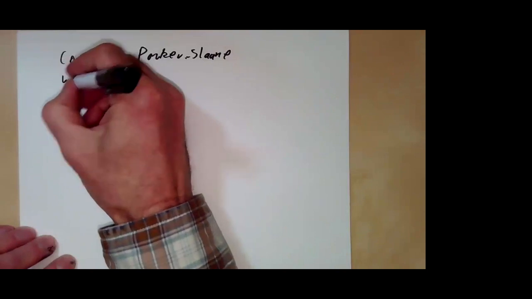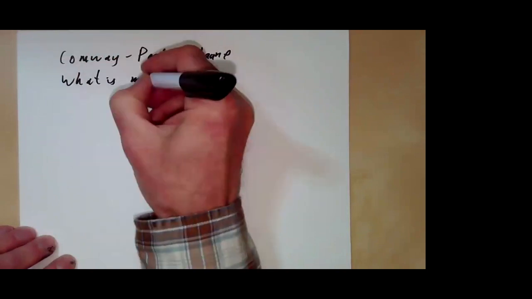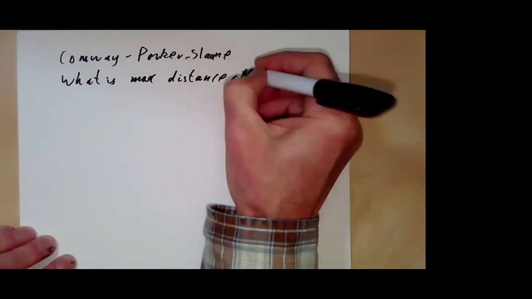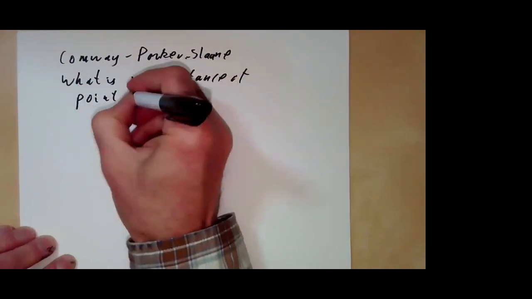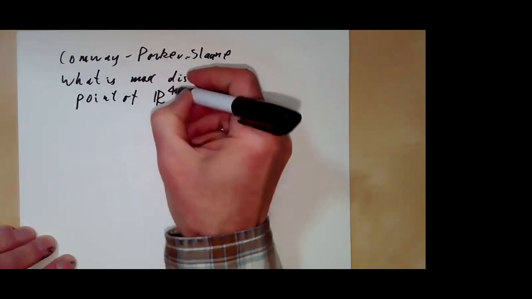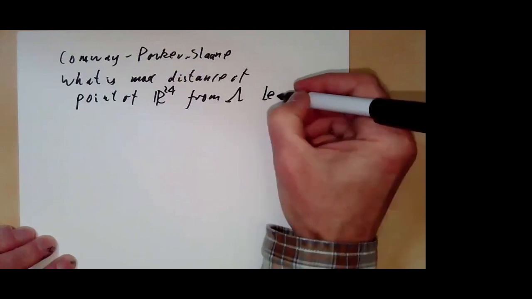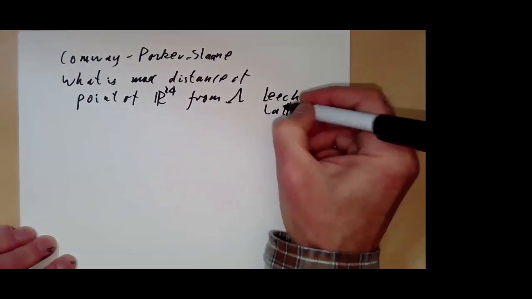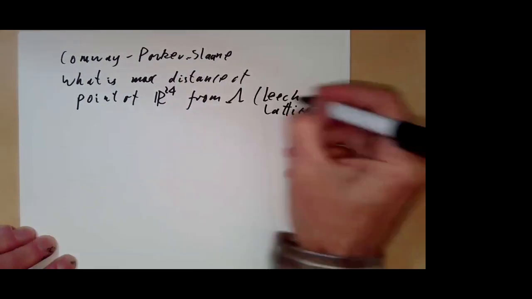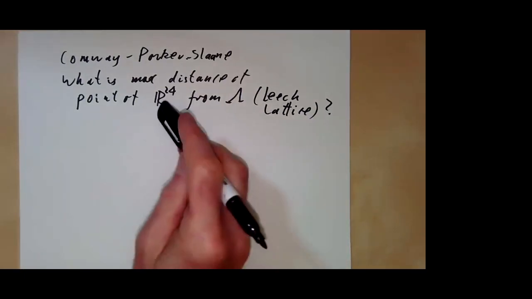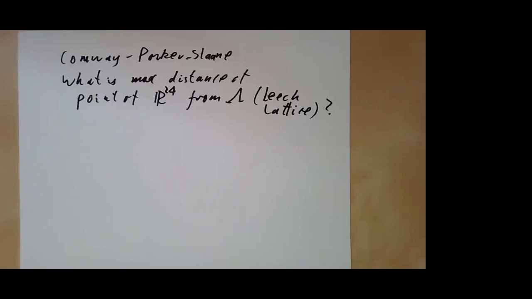We can ask, what is the maximal distance of a point of R^24 from a point of the Leech lattice Λ? And the points at maximal distance are called holes or deep holes.